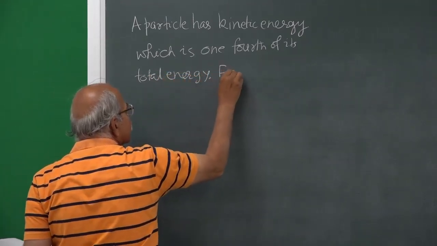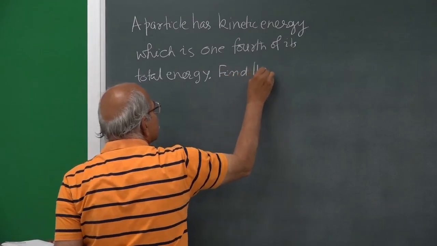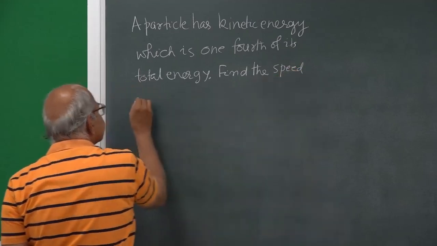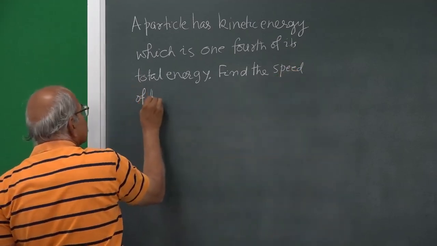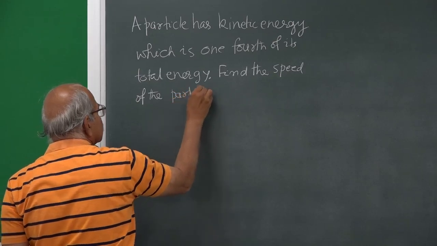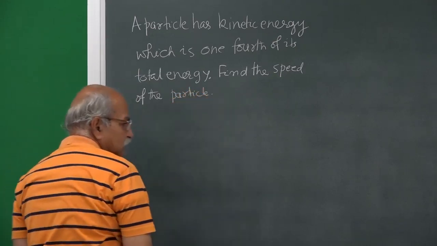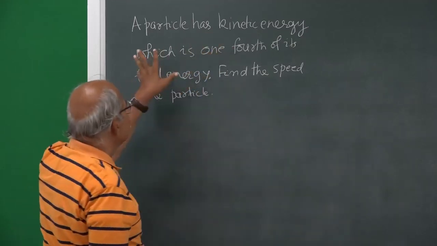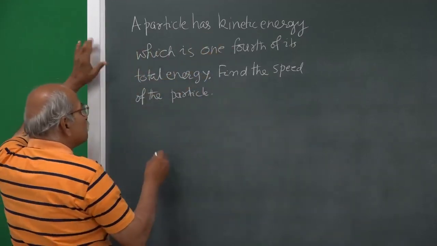Find the speed of the particle. So, a particle has kinetic energy which is 1/4 of its total energy.